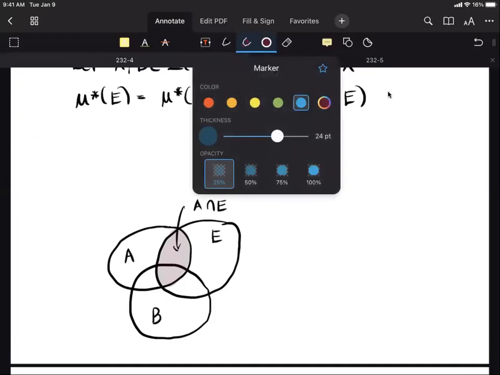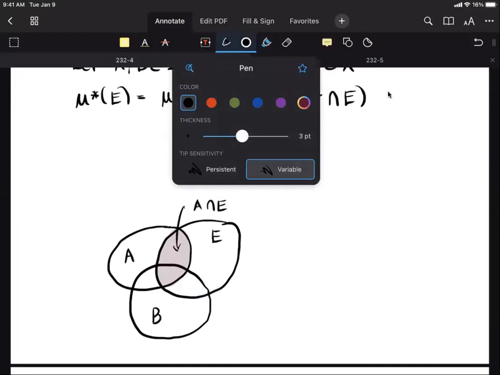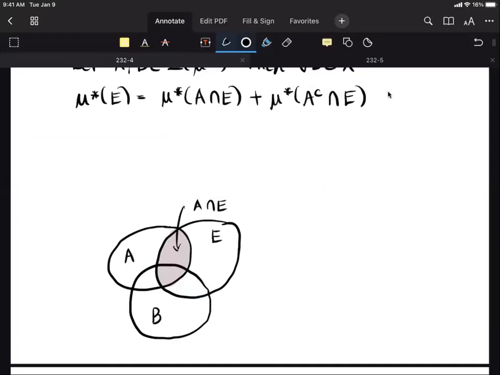And before proceeding, how about A complement intersection E? That would be this part.